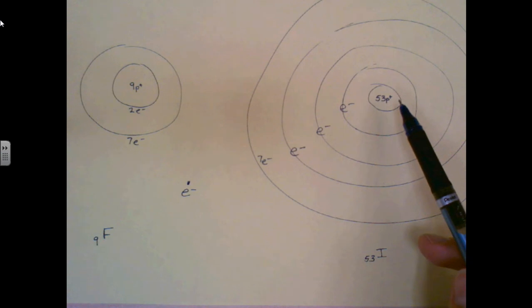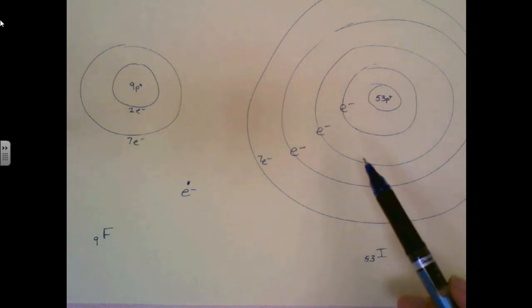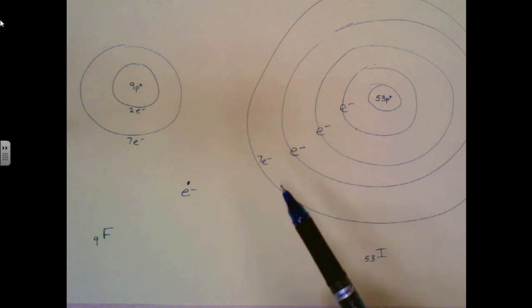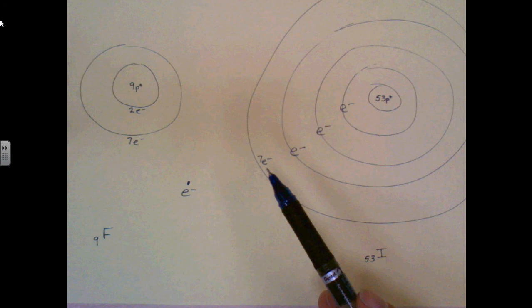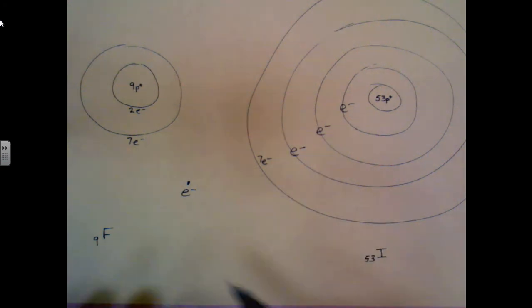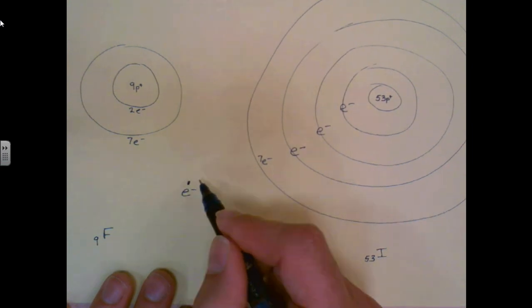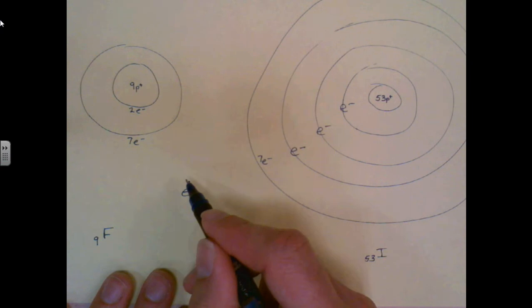Iodine is drawn on the right. It's got 53 protons, and it's got 5 layers of electrons. The outer electrons are still 7, which means it desperately wants one more. Now, imagine this lone electron here that's available to be captured by one or the other of these ions.